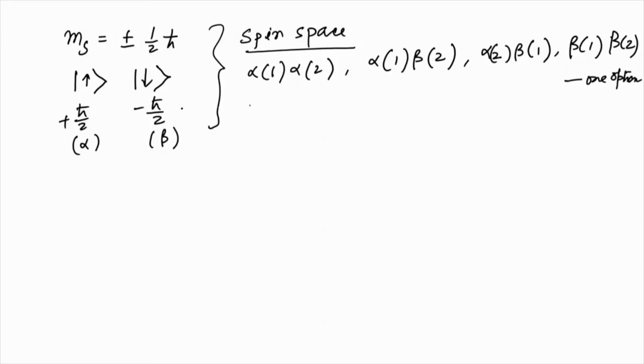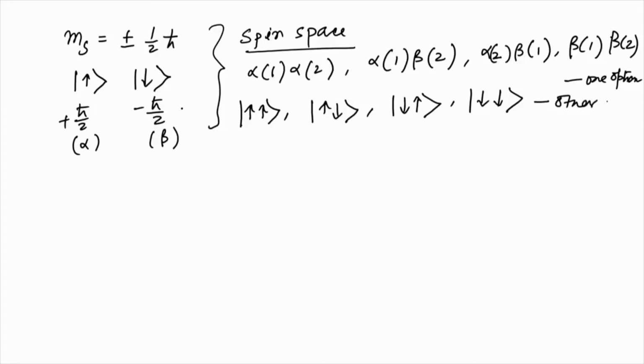Whereas the other option is that we can write the states as up up, up down, down up, and down down. So this is the other option, and we can simply choose one of them.